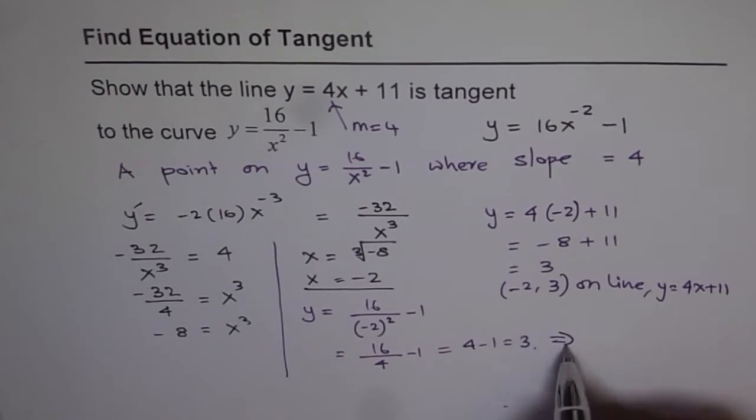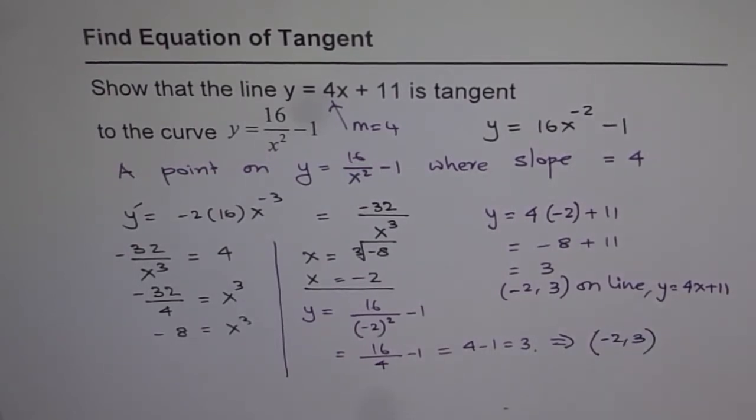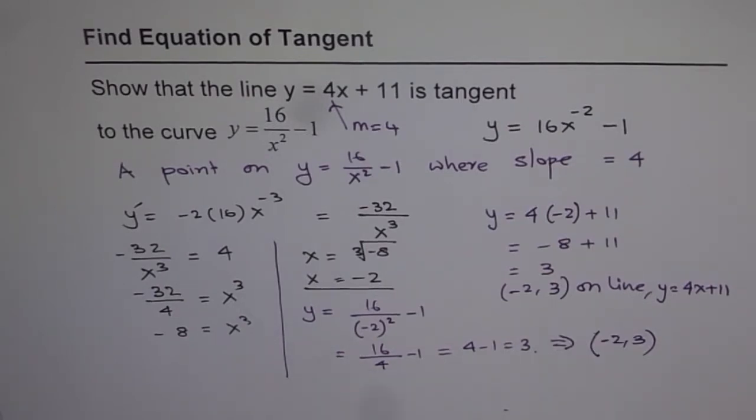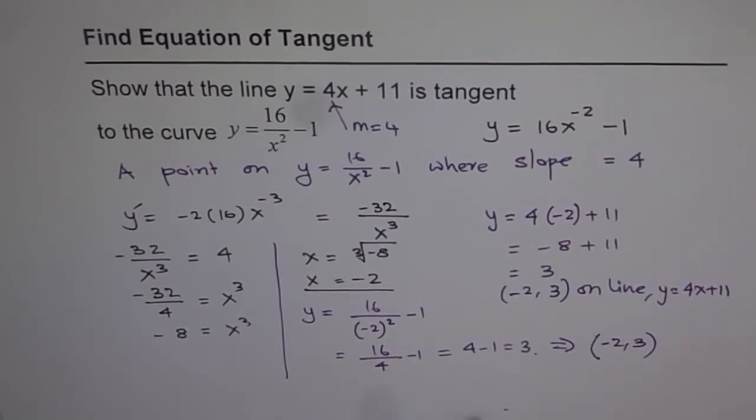Here also we get the point minus 2, 3. That means the point on the curve is common to the tangent and the curve, and since their slopes are also the same, we have proved that the line is indeed a tangent line to the curve.